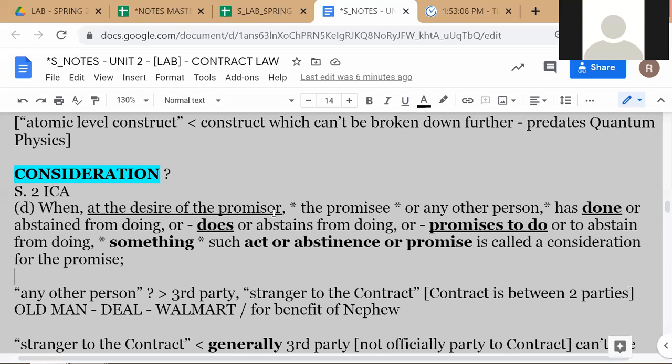So there are two considerations here. You have to understand, there are two considerations in any validly completed bilateral contract. There is a consideration flowing from one side, from here to here, and one from here to here.